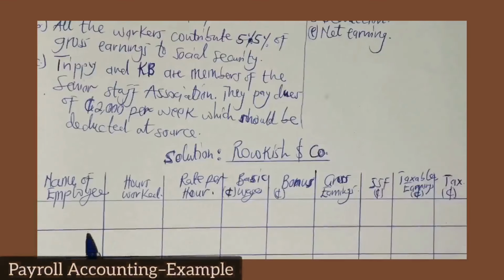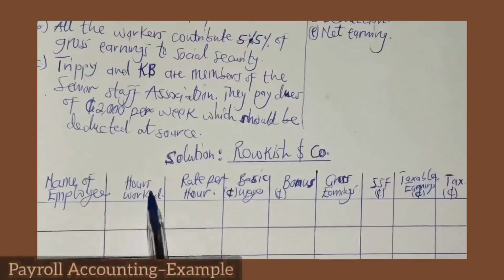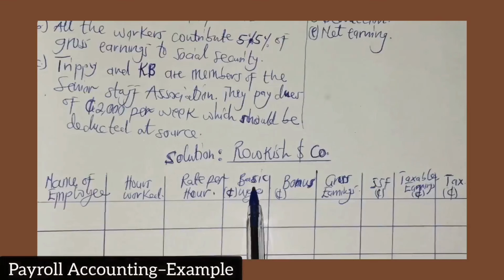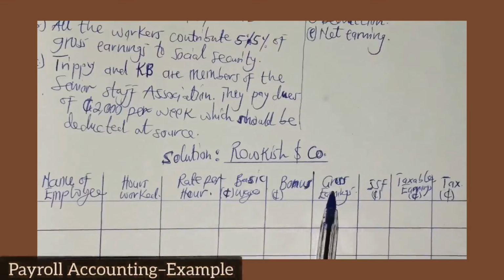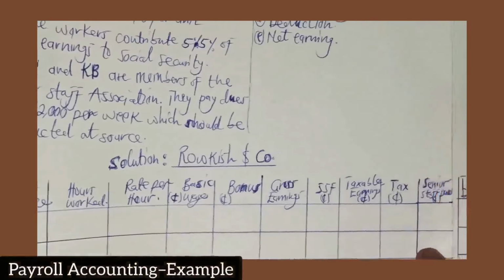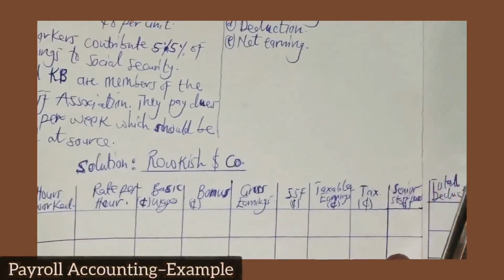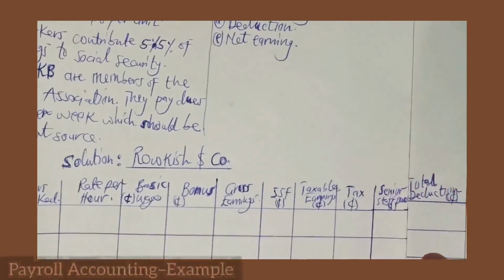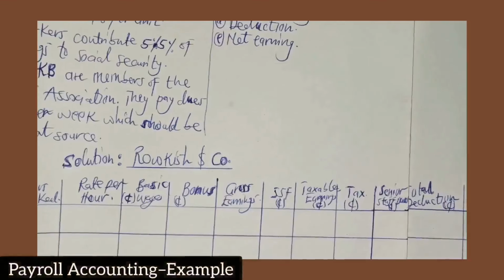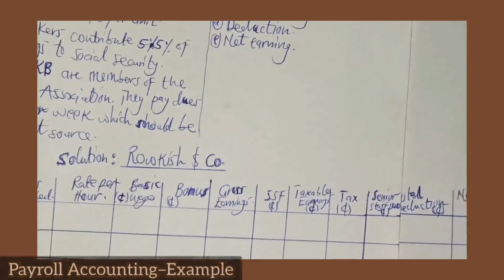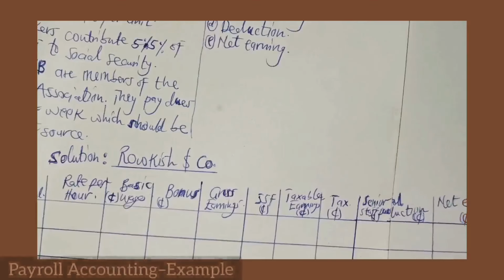So this is how my table will look. You have names of employees, hours they work, rate per hour, their basic wage, bonuses, gross earnings, their SSF, taxable earnings, their tax and senior staff dues, then total deductions, then lastly the net earnings.